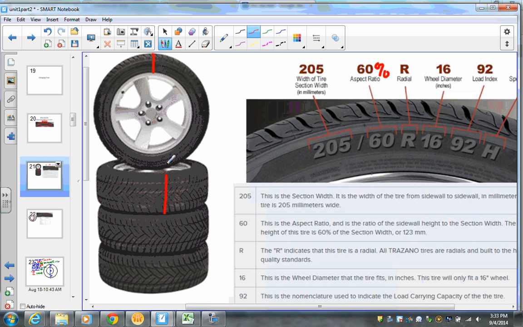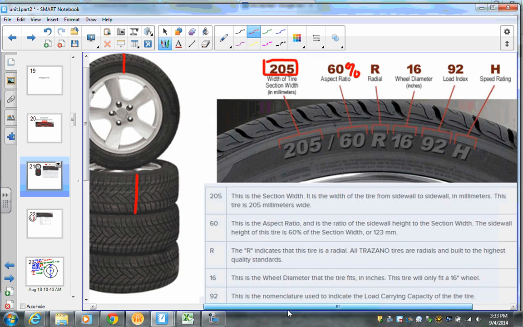And what the 60% ratio is saying is that the height of the tire, this little sidewall height here, is 60% of the thickness of the tire. And we'll talk more about that throughout the video.